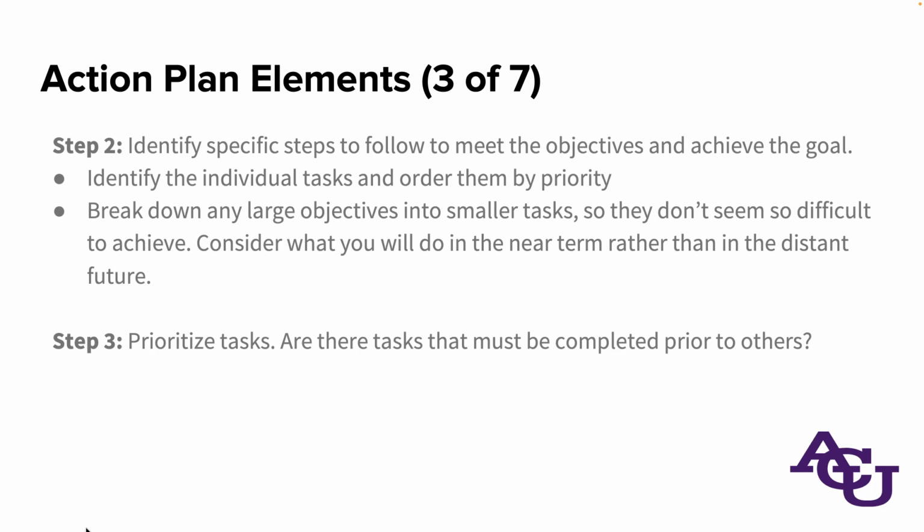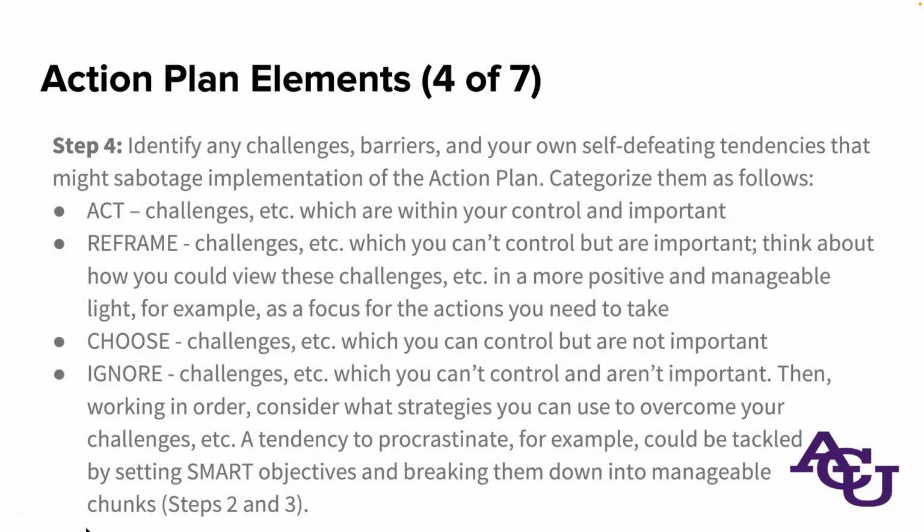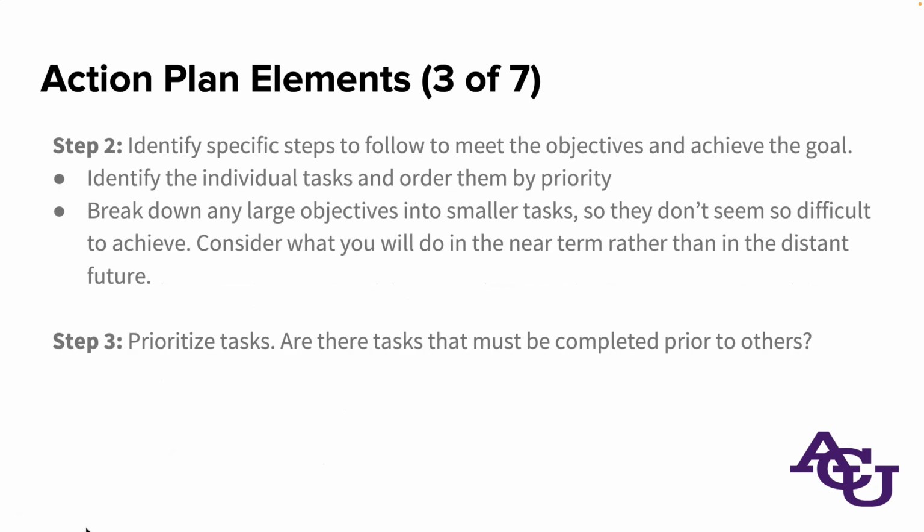Prioritize these tasks. Are there any that are subordinate in terms of this must be done to achieve another thing? And so you might possibly have a different order to the priority than you come up with originally when identifying specific steps. There might be something that has a long lead time.